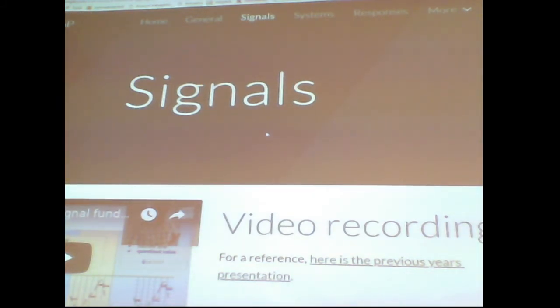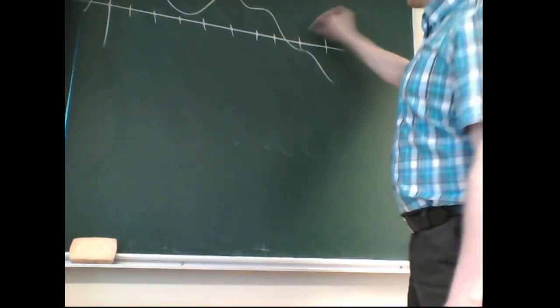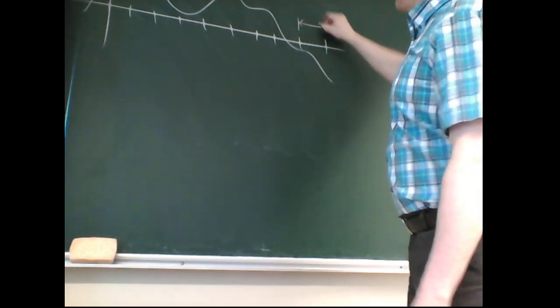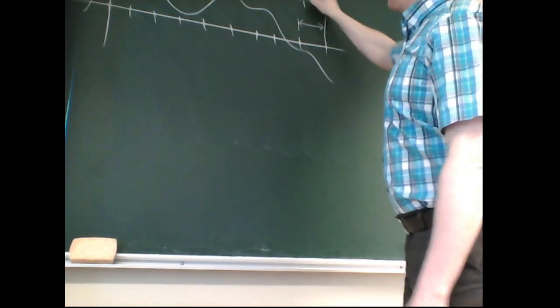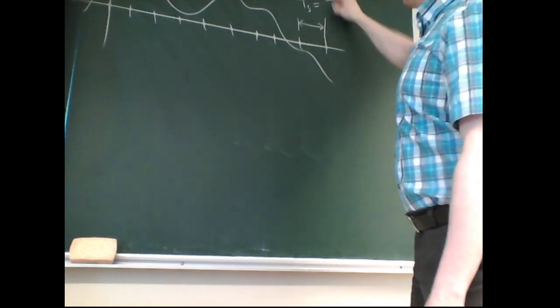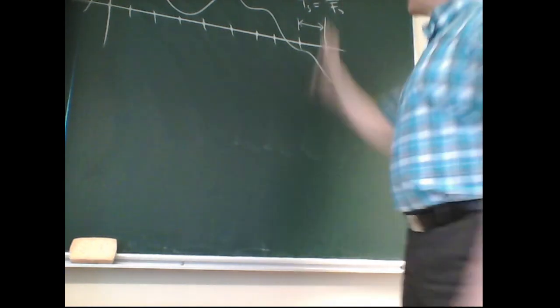So the first exercise is actually about sampling. It's about sampled data. So we have an analog signal, and to make it a sampled signal, you just have a sampling rate. We define the sample time, which is basically just Ts equals 1 over fs.